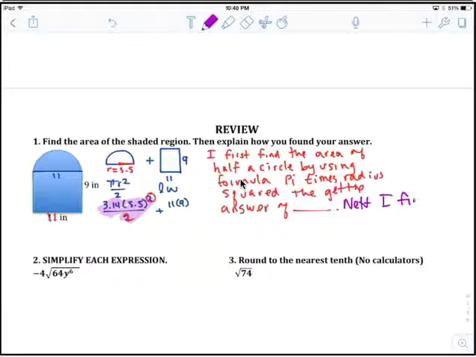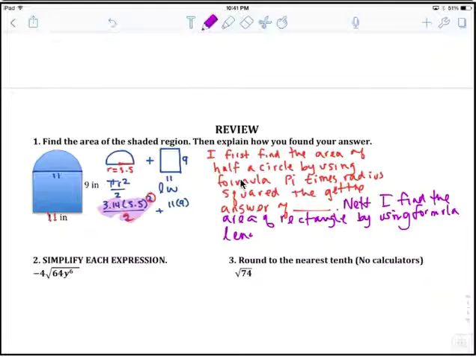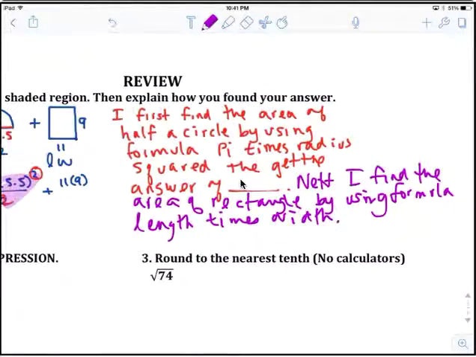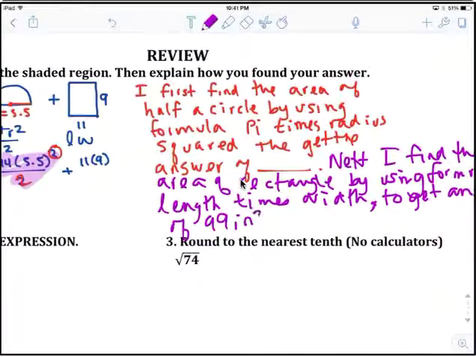Next, I find the area of the rectangle by using the formula length times width to get the answer of 99 inches squared.